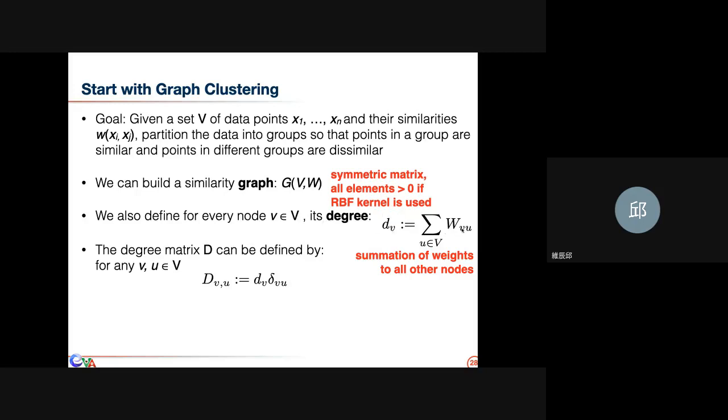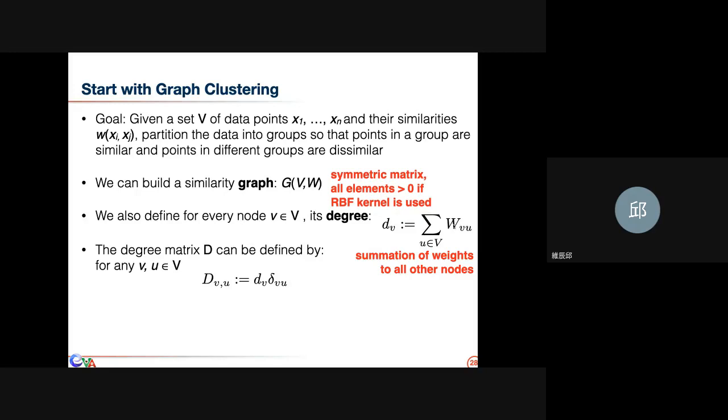And you simply perform the summation on the row related to that data point in your similarity matrix.